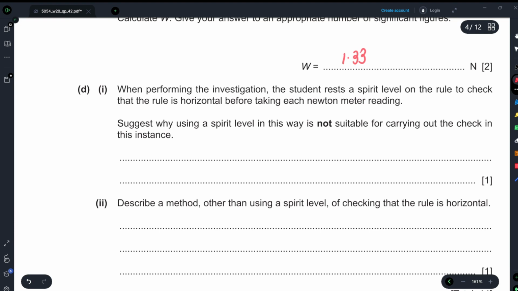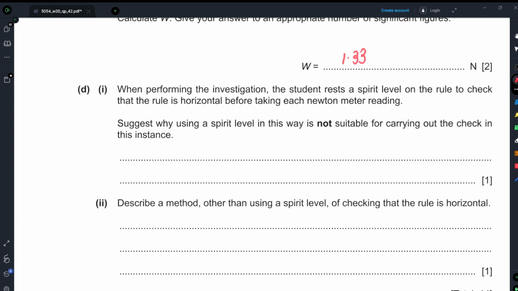D part 1. When performing an investigation, the student rests a spirit level on the rule to check that the rule is horizontal. This spirit level is basically a liquid inside your scale. You may have often seen fancy scales in stationery shops, and carpenters and masons use it a lot too. Inside it there is a red line where a bubble is marked. That bubble moves with the level, of course. Wherever that bubble aligns with the red line, that means you're completely horizontal or completely vertical, depending.